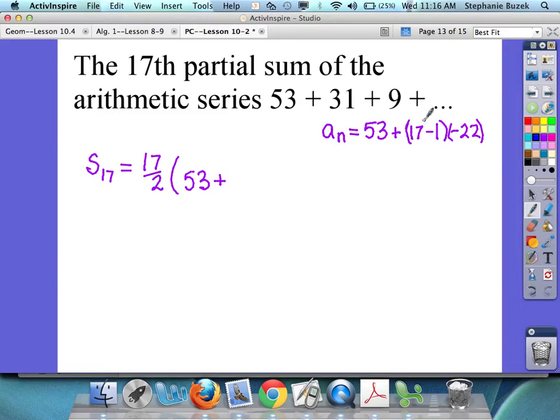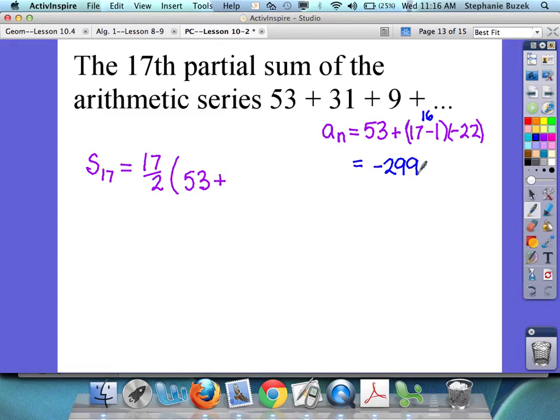So 17 minus 1 is 16. 16 times -22. And then add 53, and what do you get? -299. Somebody else get that?